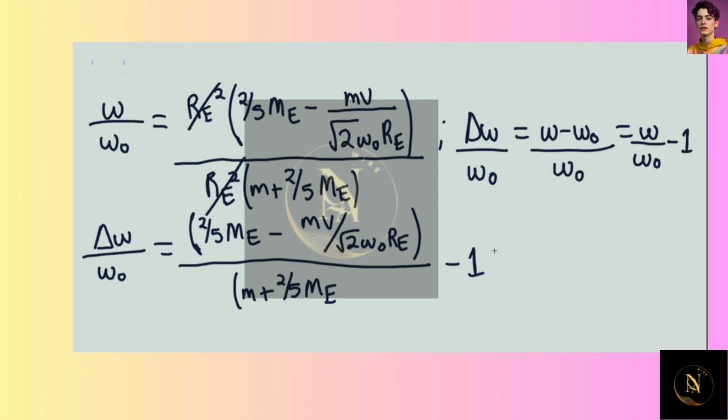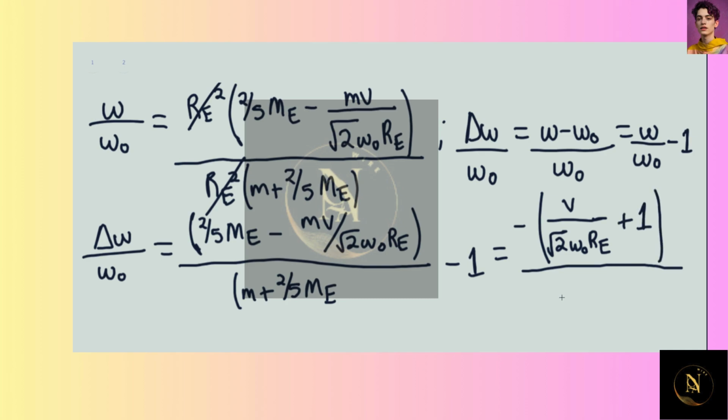And so this would be equal to negative v over radical 2 times the initial angular velocity times the radius of the Earth plus 1, and then divided by 1 plus 2/5 times the mass of the Earth divided by the mass of the meteorite. And at this point, we can solve.